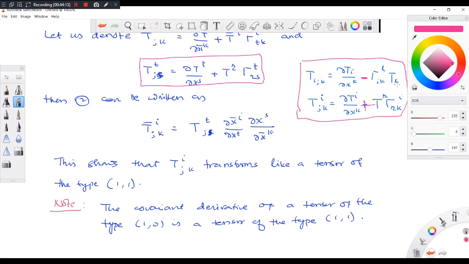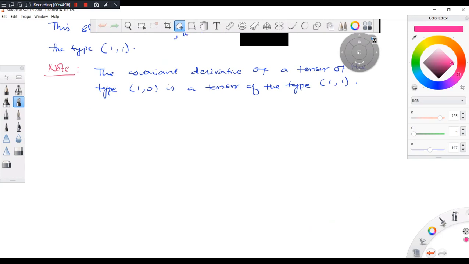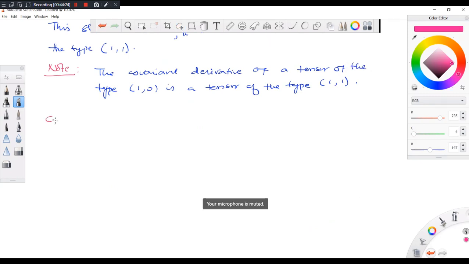So our next one is covariant derivative of a tensor of the type 0 2. So covariant derivative of a covariant tensor of order 2.